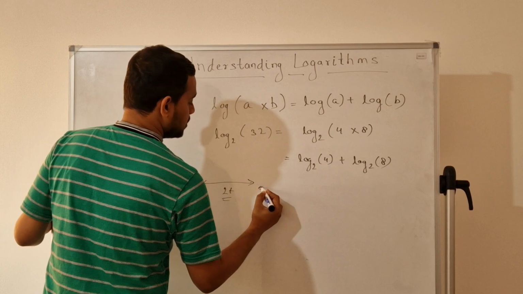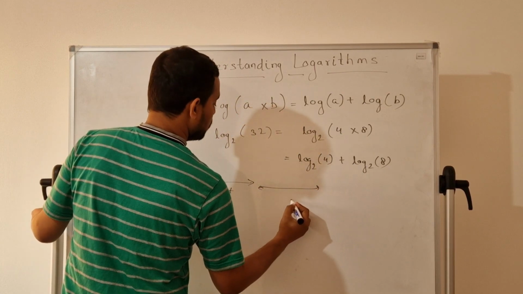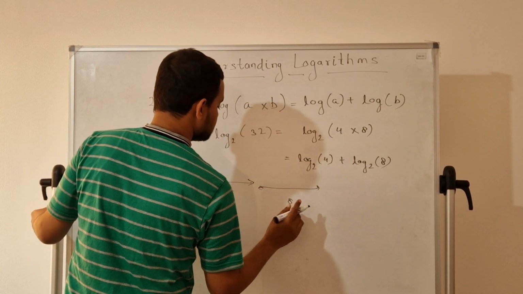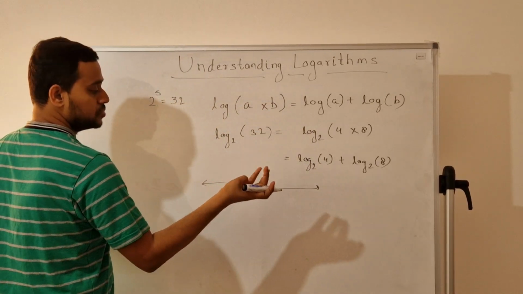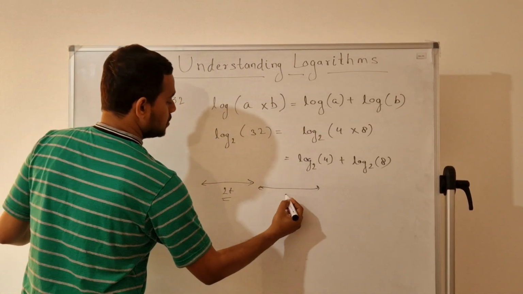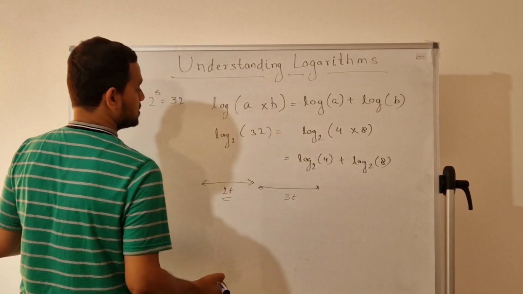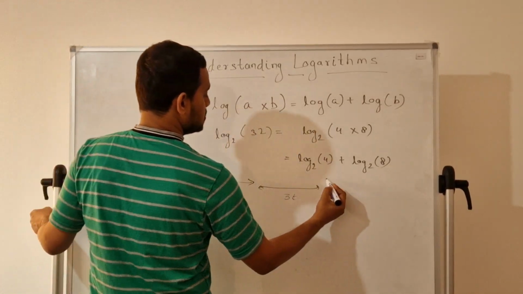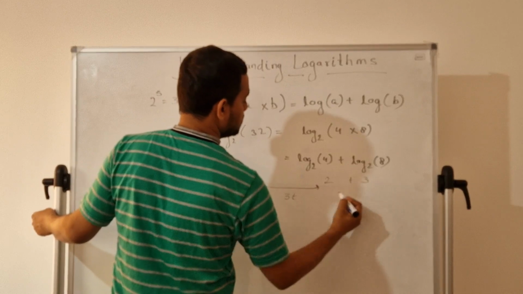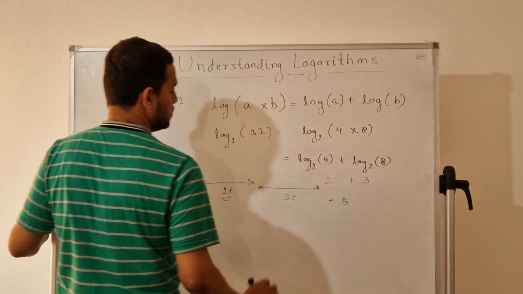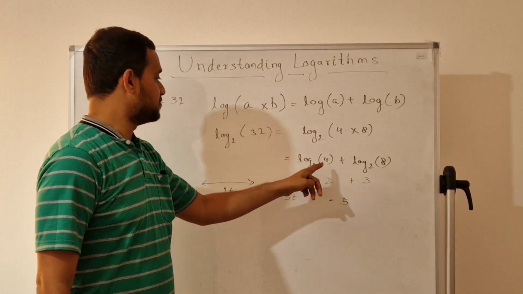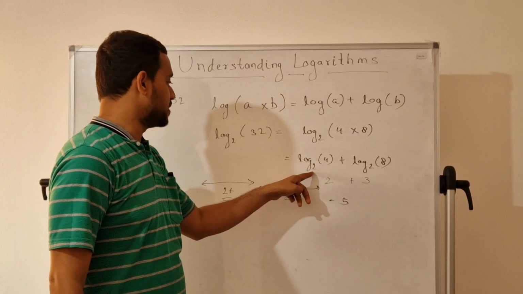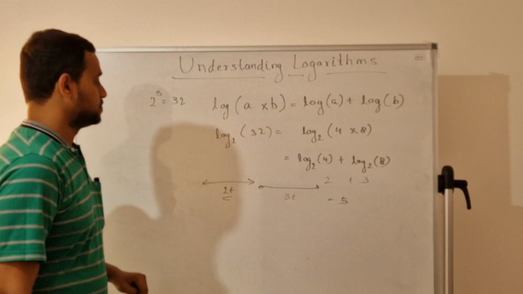And then in another, if it is going to become 8 times its size, how much time is it going to take further? 2, 4, 8, 3 times, so 2 plus 3 is equal to 5. So log of 32 to base 2 is 5, which we are also getting by log of 4 base 2 plus log of 8 base 2.